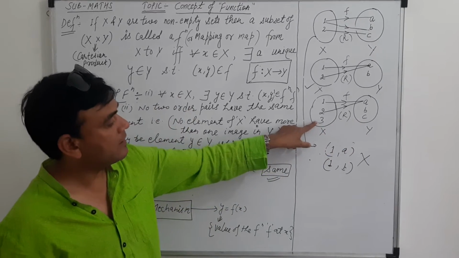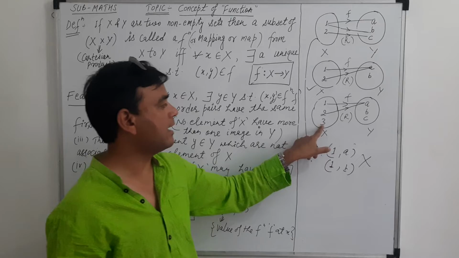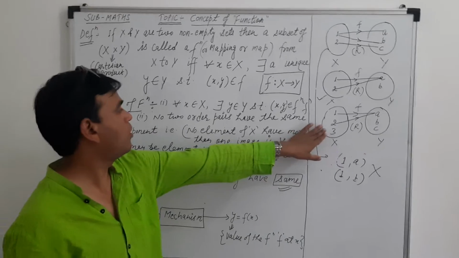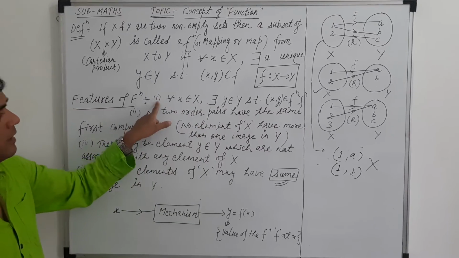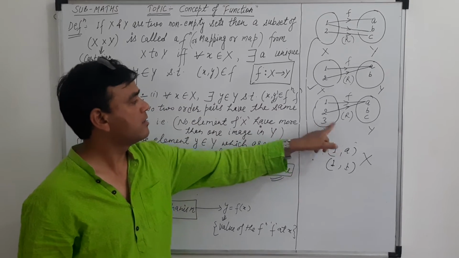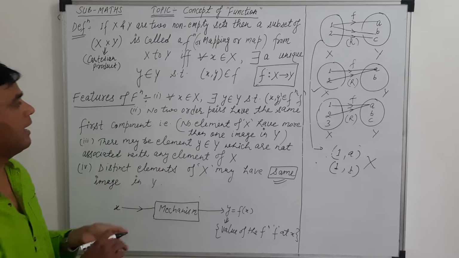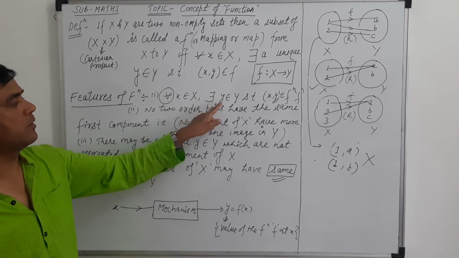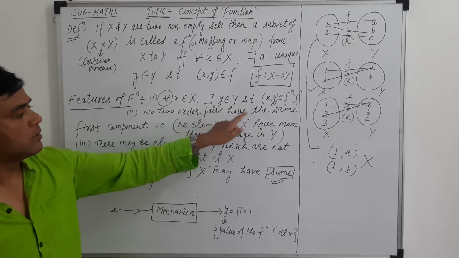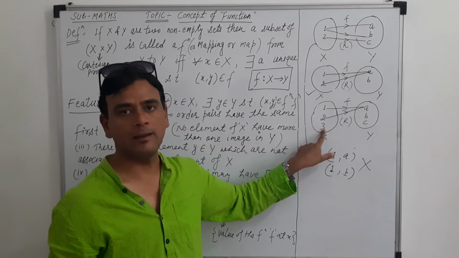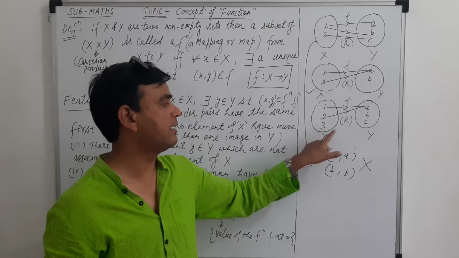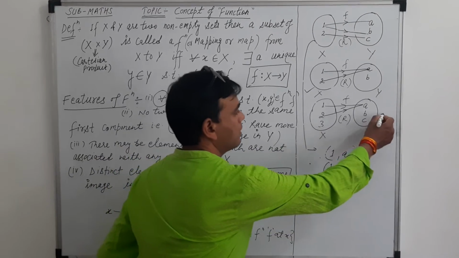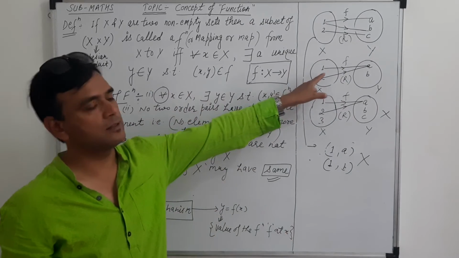But an element is left in X and this element doesn't have any image in Y. So this is not fulfilling the first property, which has the sign for all: for all x belonging to X, there must exist y belonging to Y. Here 3 is an element of X which doesn't have any image in Y. So in this condition, this is not a function. So only this one is a function.